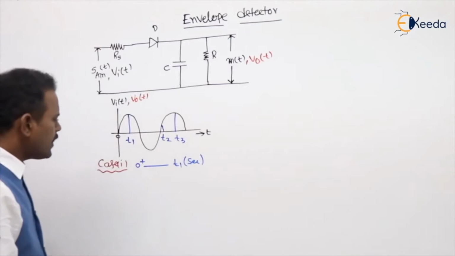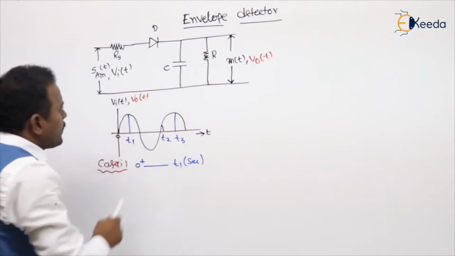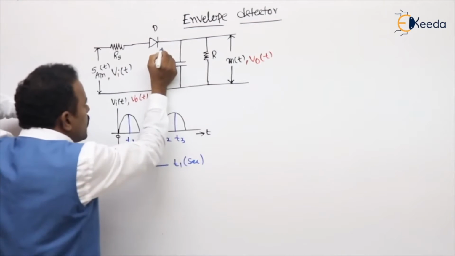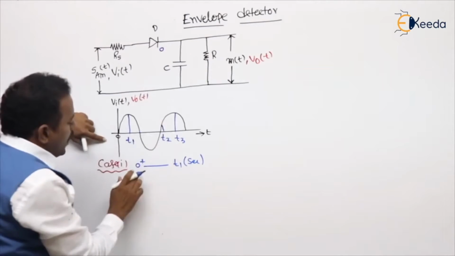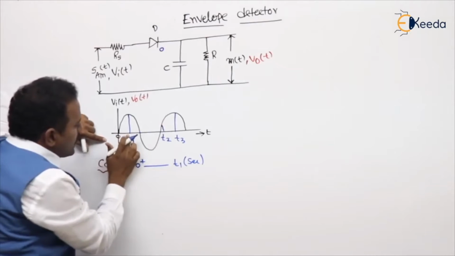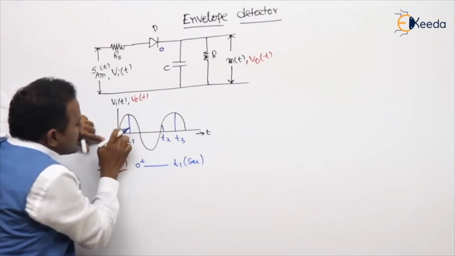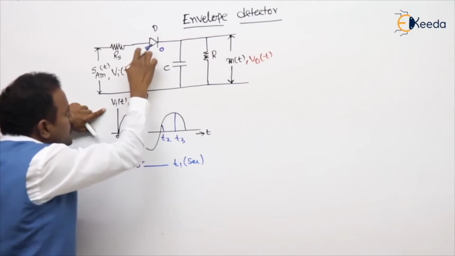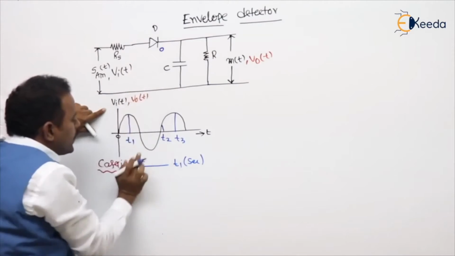Now, initially the capacitor is at rest. The voltage at the negative terminal of the diode is 0 volt. From 0+ onwards, Vi is increasing. We connected Vi at the positive terminal of the diode, so the voltage at the positive terminal is 0+.